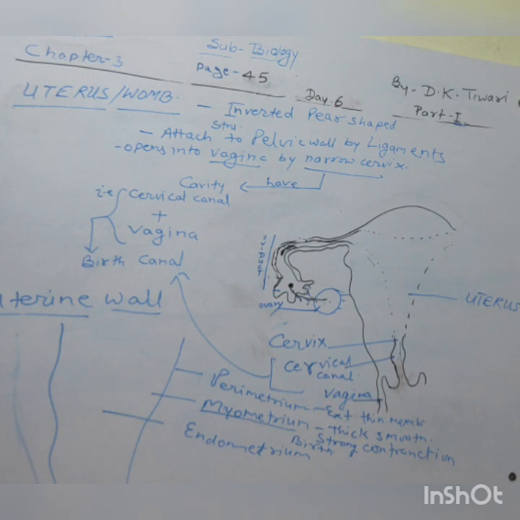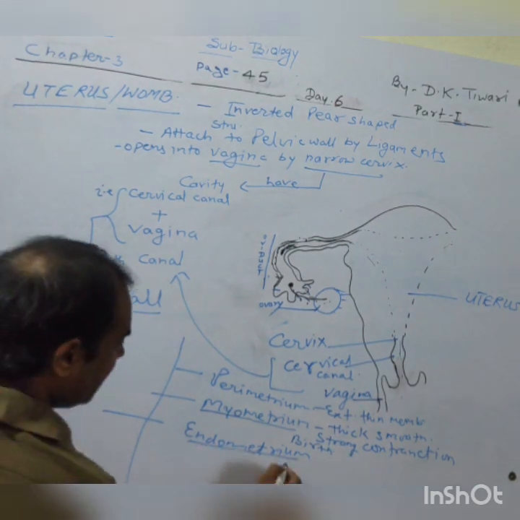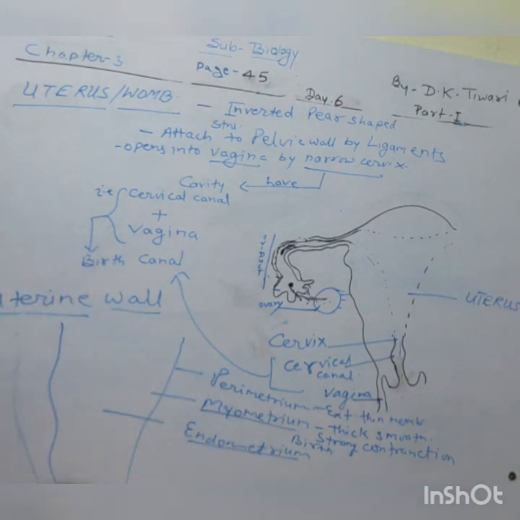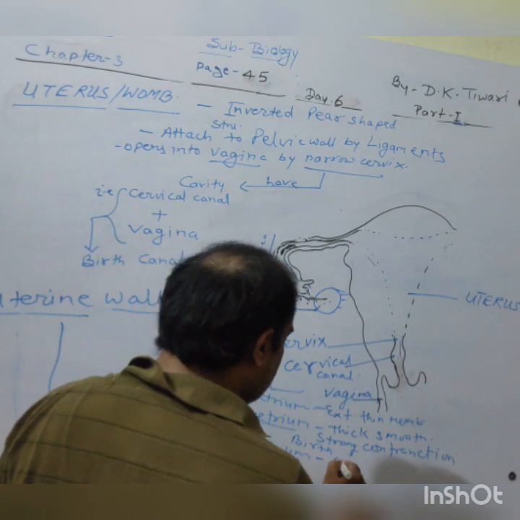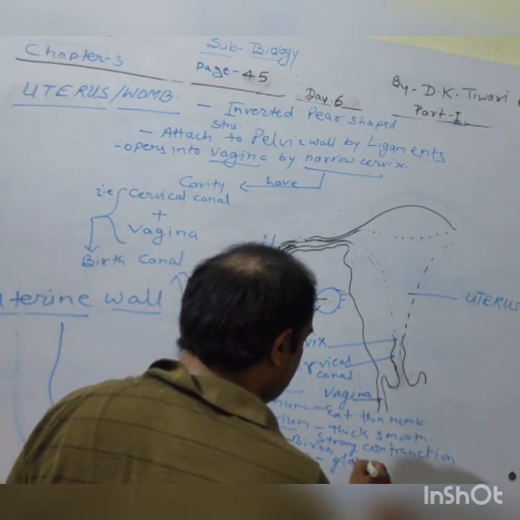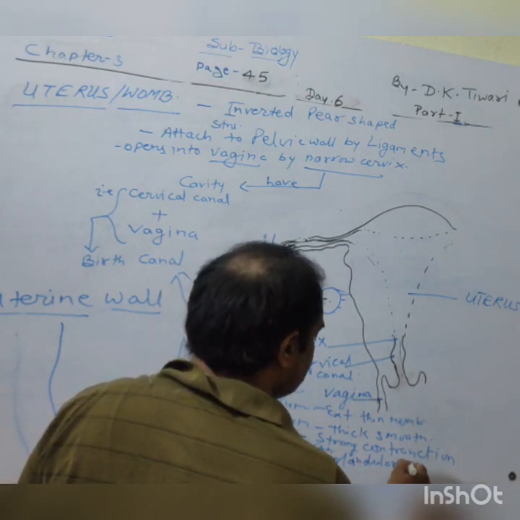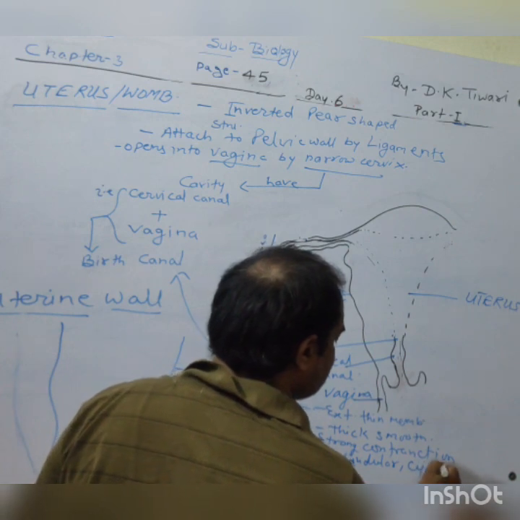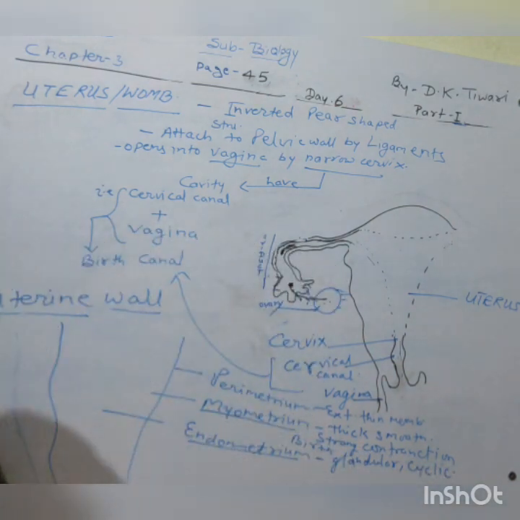And the last one is the endometrium, the inner glandular lining, which undergoes cyclic changes during menstruation.